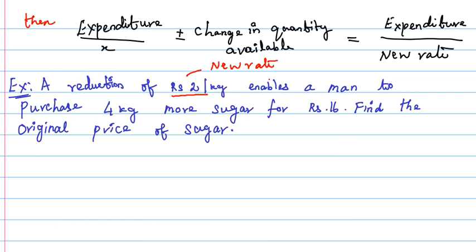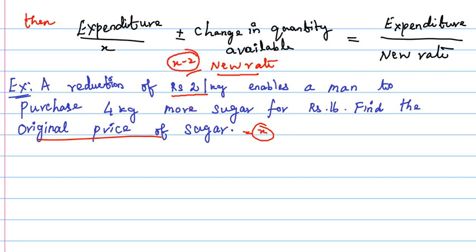If you change the new rate, we don't know about the original rate. The question asks for the original price, so I have taken this as x. The reduction of 2 rupees per kg is not the new rate; you have to take x minus 2 as the new rate.